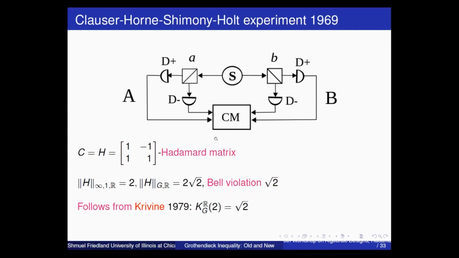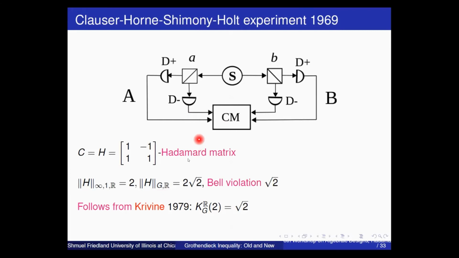I think these guys already figured out, but I didn't have time to look at their experiment, but I think they figured out it was square root of 2. But now you see there was this famous paper of Friedland that shows that the Grothendieck constant for 2 is square root of 2.